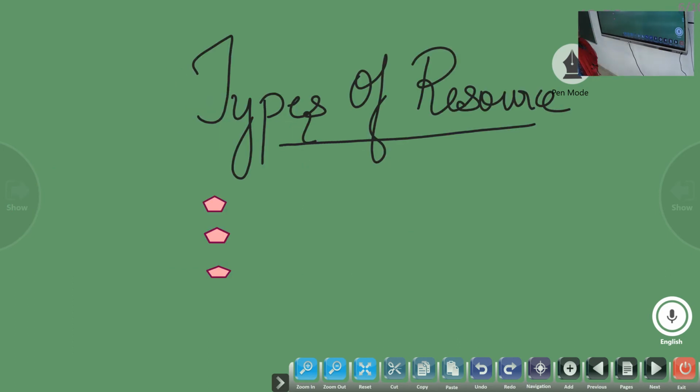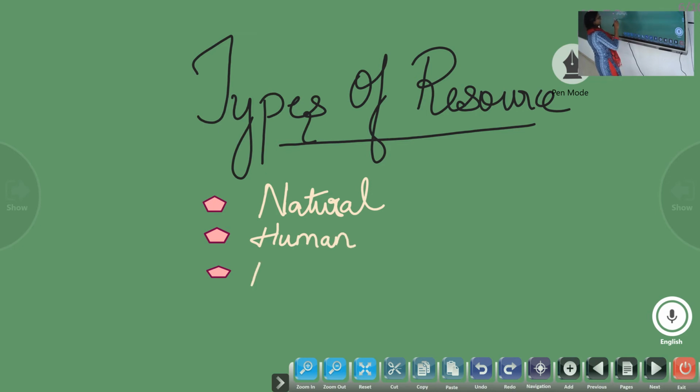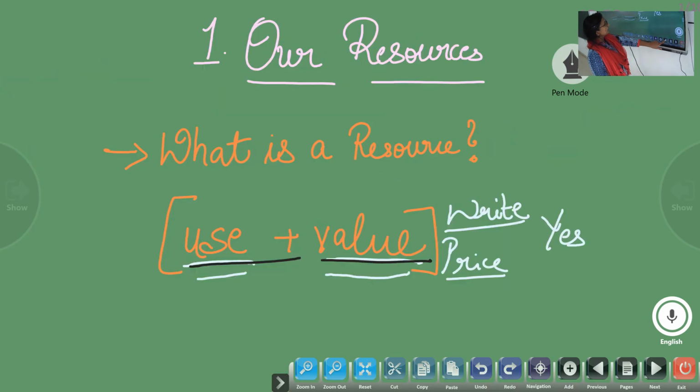Now, types of resources. There are mainly 3 types of resources. First one is natural. Second one is human. Third one is man-made. Now, before starting this, let's do a quick recap of what we studied till here.